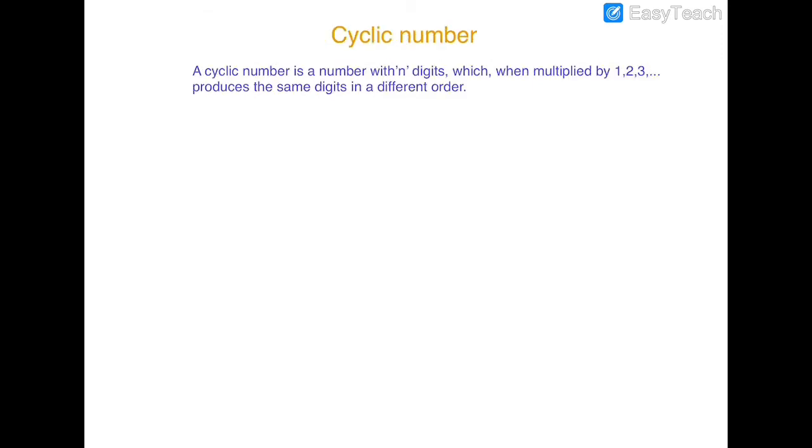Cyclic number. A cyclic number is a number with n digits which, when multiplied by 1, 2, 3 and so on, produces the same digits in a different order. See this example. 142857 times 1 is 142857.